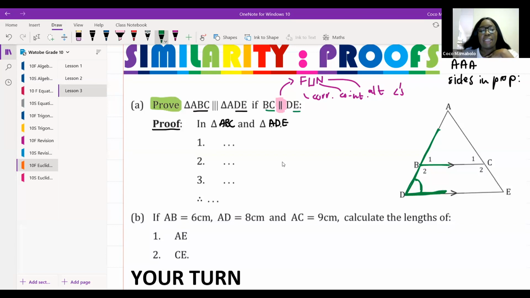Angle D and B. But it needs to be specific. Okay, that's the one I'm looking for. Angle B1. Not so much B2 or just B. It needs to be B1 and B. So the first thing we can write here is that angle B1 is equal to angle B. And our reason here is corresponding angles, and that's because BC is parallel to DE.